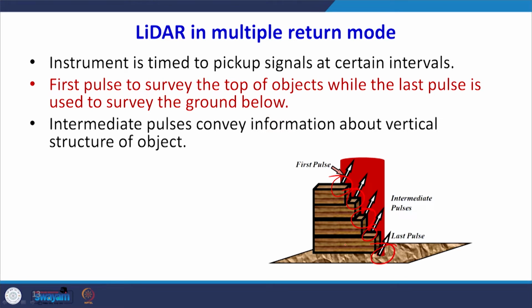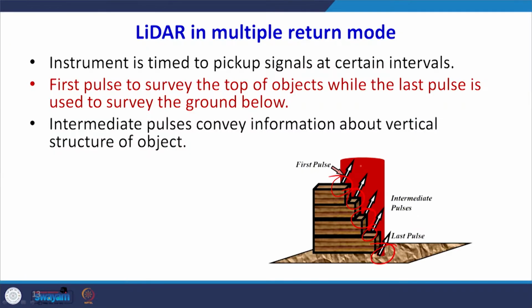So there are 5 pulses which strike the objects situated at different heights, and then they return to the sensor at the UAV, and I will get the height data from each of the pulses. So this is the advantage: if I miss one of the pulses, I will get the data from the other pulses. So the multiple return mode is very useful to me.